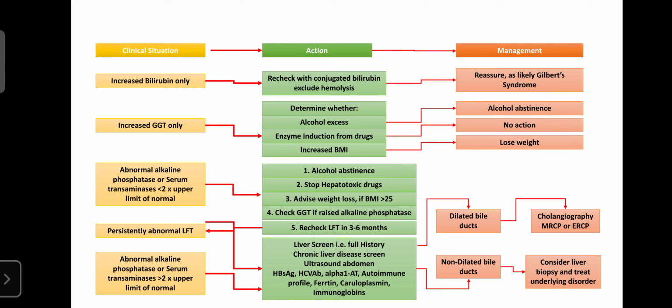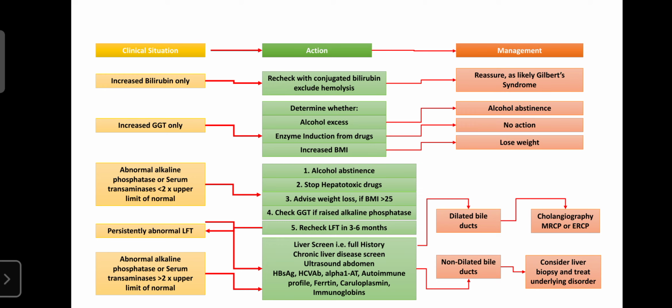Then for persistently abnormal LFT, once again you can recheck the LFT in 3 to 6 months, and also go through the liver screen: full history of chronic liver disease, screen, ultrasound of the abdomen, or assessment of HBsAg, HCV antibody, then also alpha-1 antitrypsin, autoimmune profile, ceruloplasmin, immunoglobulins.